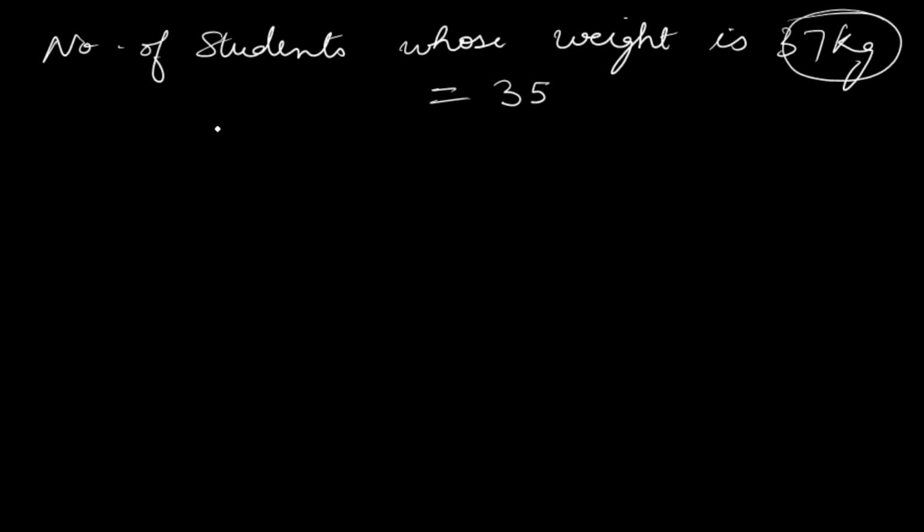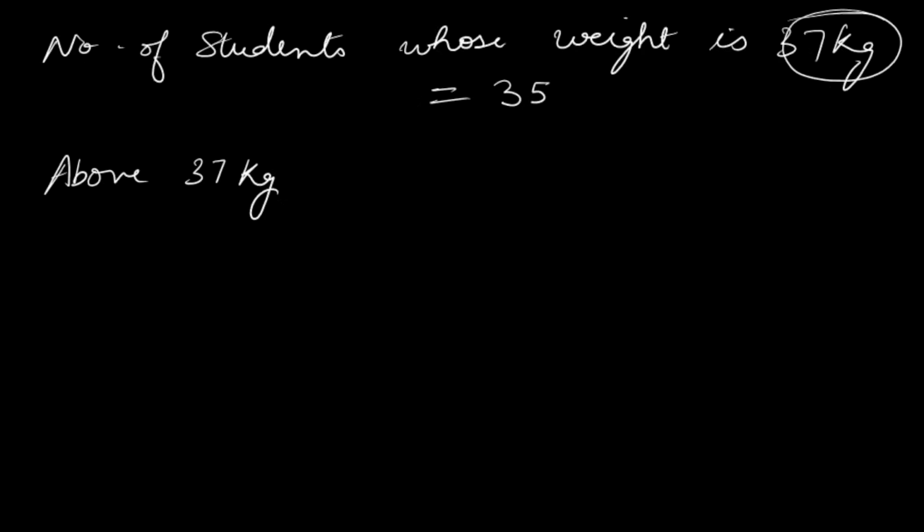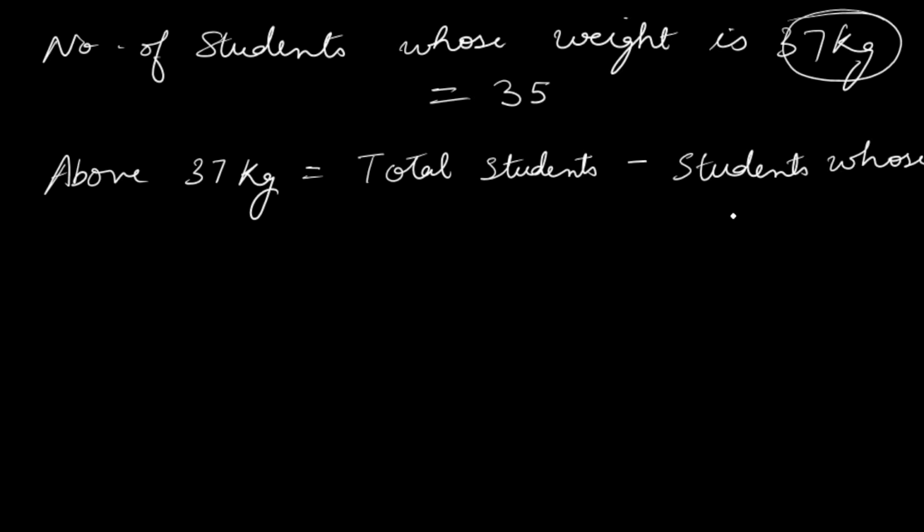But I have to find those students whose weight is above 37 kg. That means I need this part of the graph. So that will be the total students minus the students whose weight is 37.